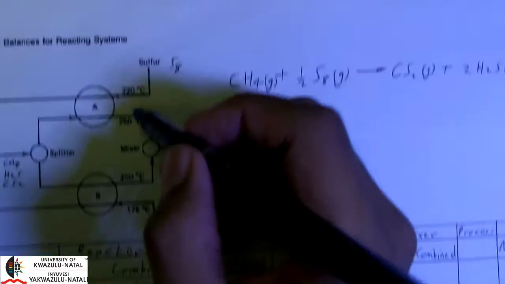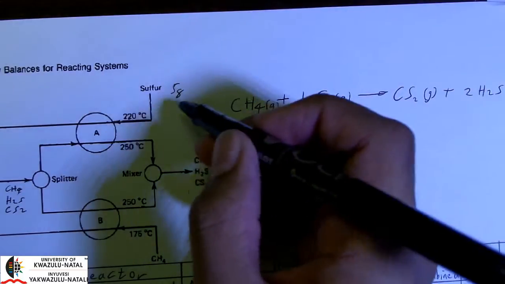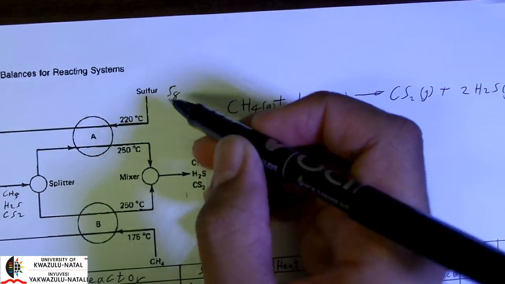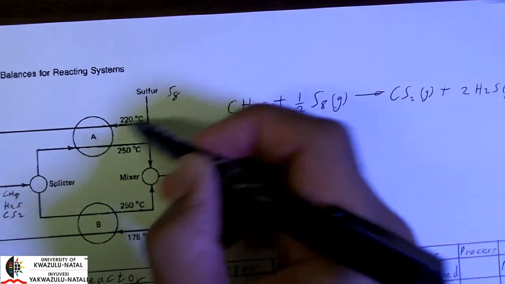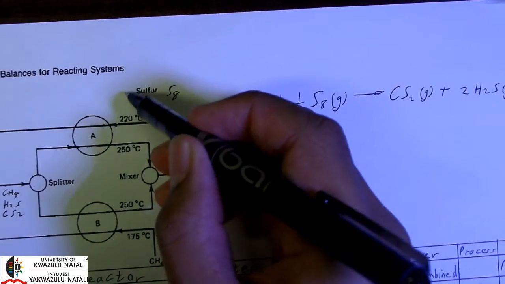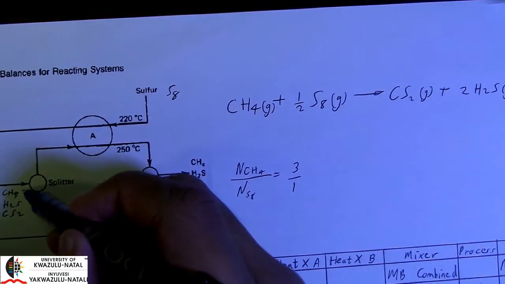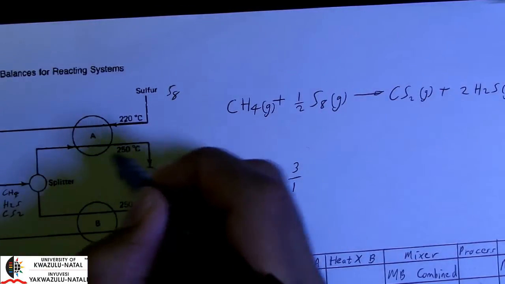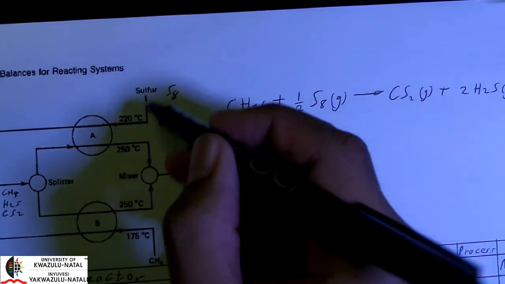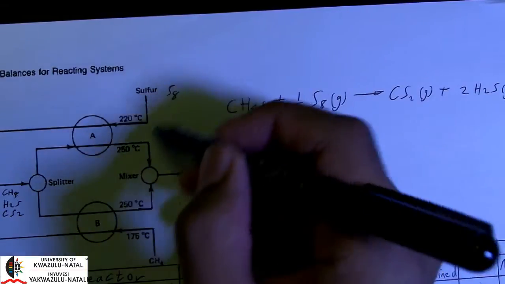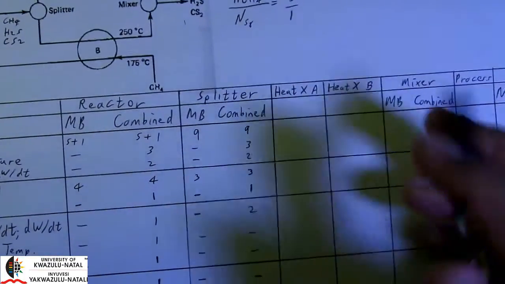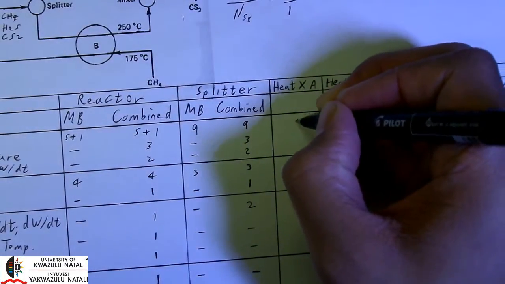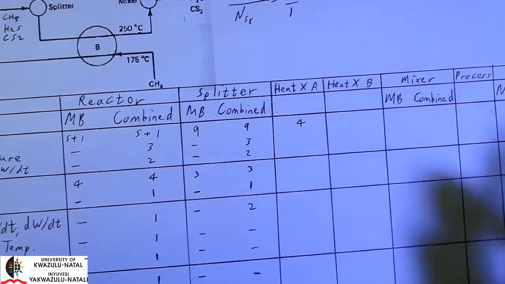So we have S8, our sulfur, coming in, so that's one component, and we have CH4, H2S and CS2 in the other stream. So that will give me a total of 4. That's my number of stream variables for heat exchanger A.